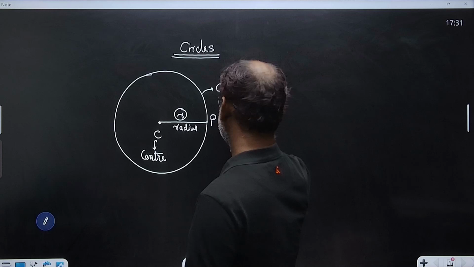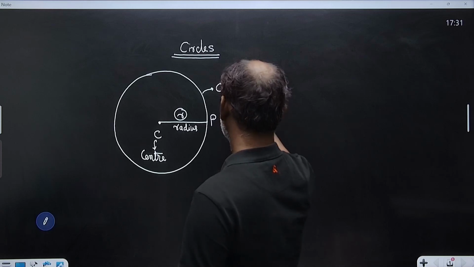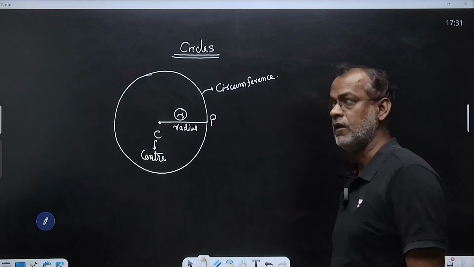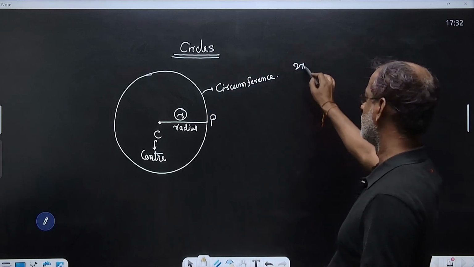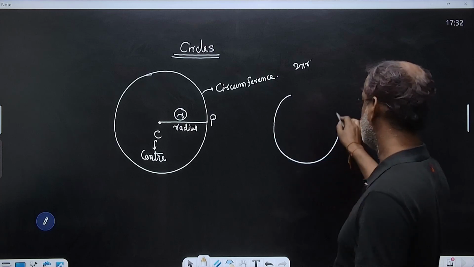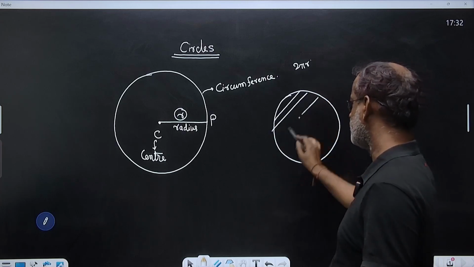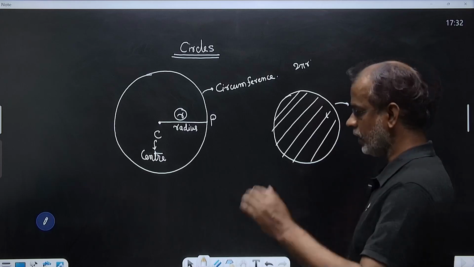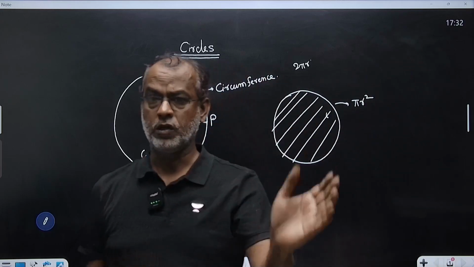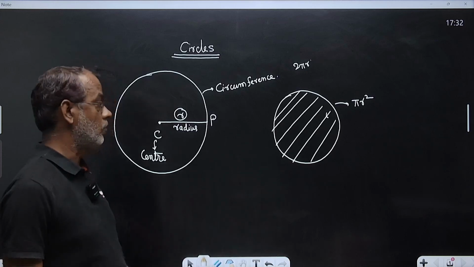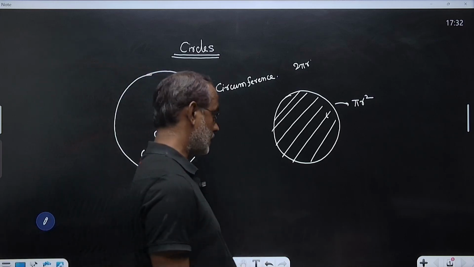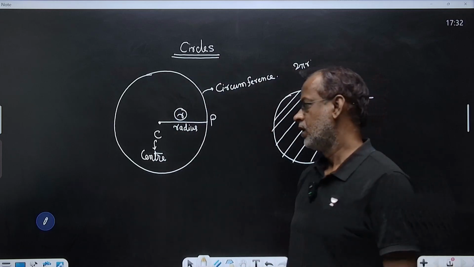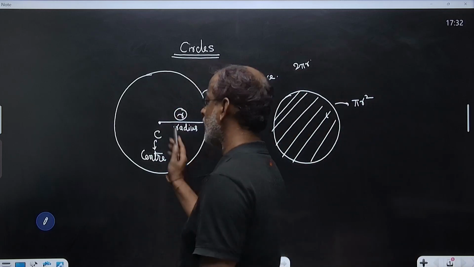This is the circumference of this circle. The circumference of the circle, everybody knows, is 2 pi r. The area bounded by this circle is again pi r square. Basic terms, I am absolutely sure you would all have gone through them. Now certain things related to a circle: every point which is equidistant from the center will lie on the circle.